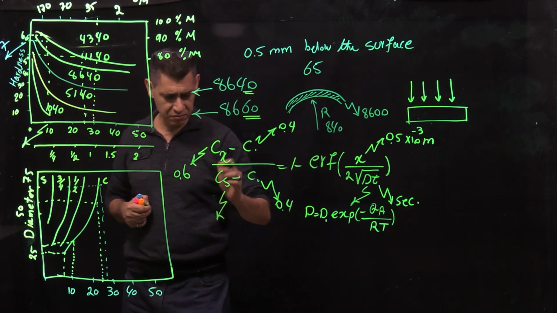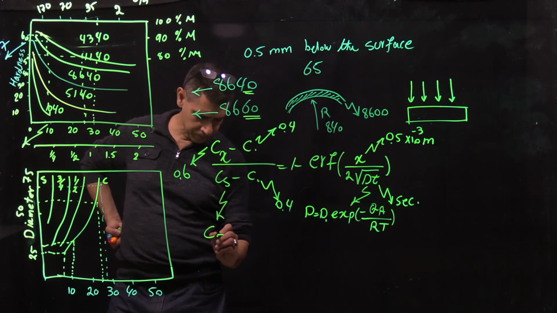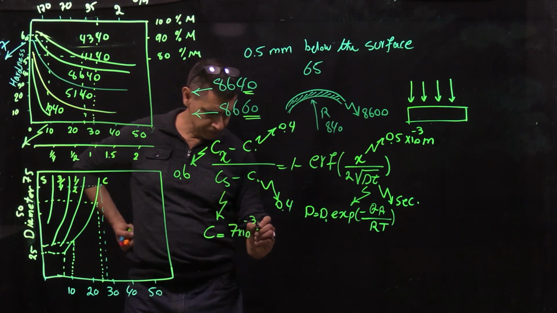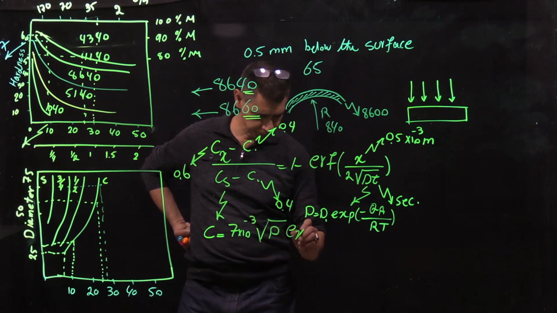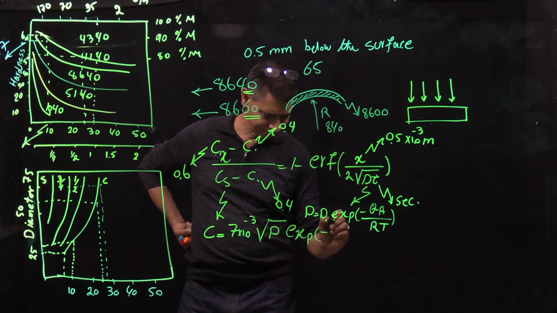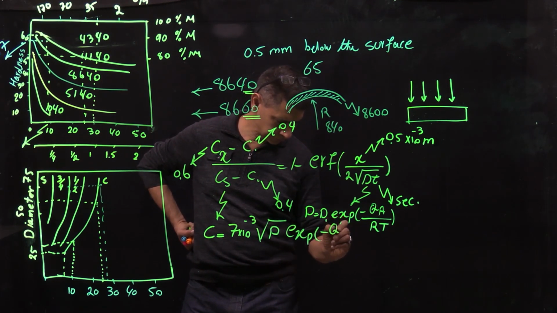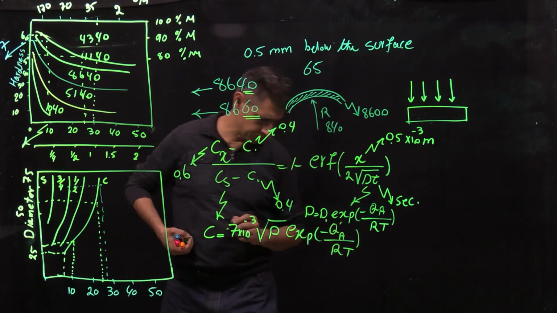This is often called carbon, a number, whatever, call it 7.7 minus 3 P, another Q over RT.